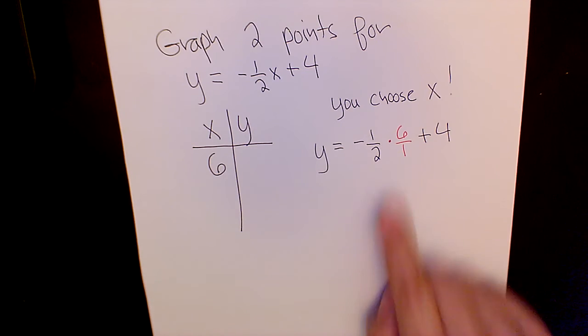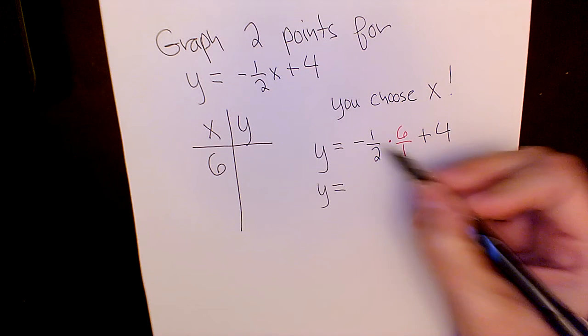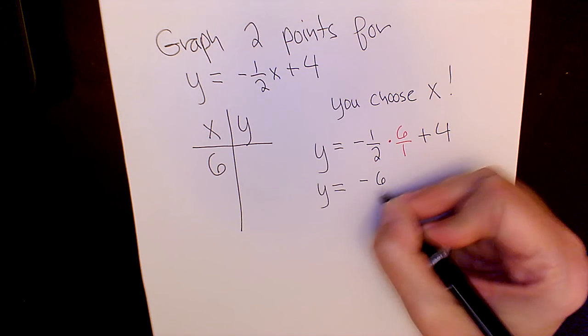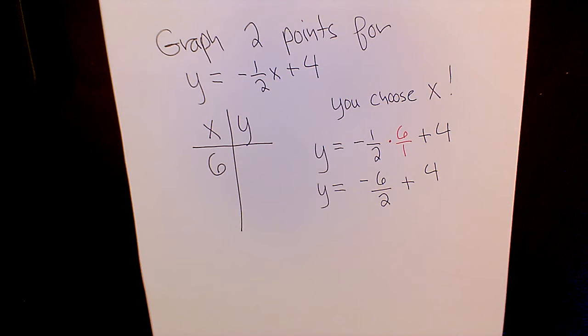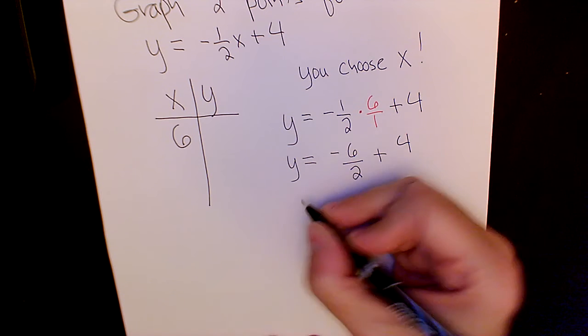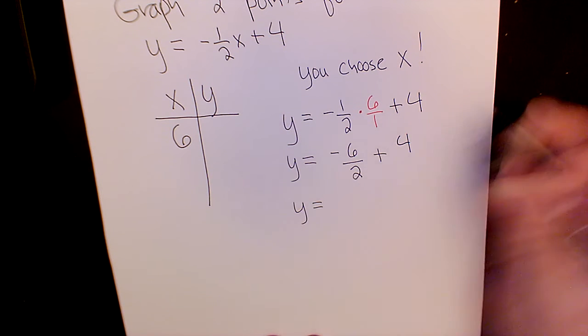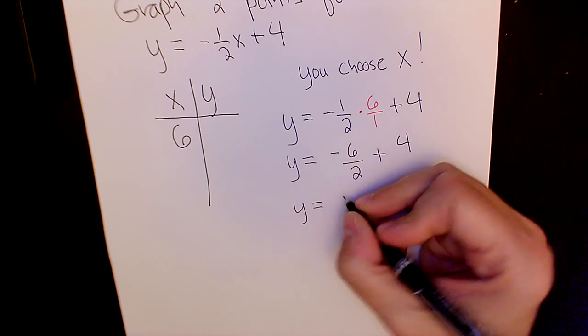So let's see what we get. Y equals, I'm just going to multiply across and get -6/2 plus 4. Or you can cancel that 2 and that 6 if you want. And so what's -6 divided by 2?